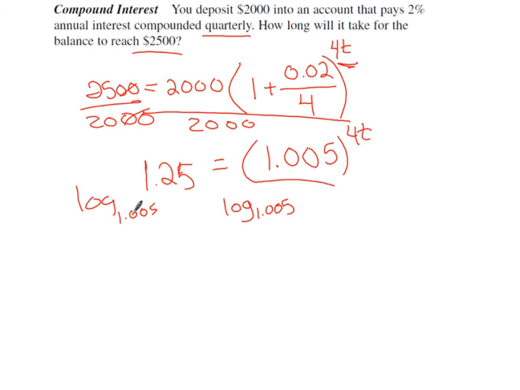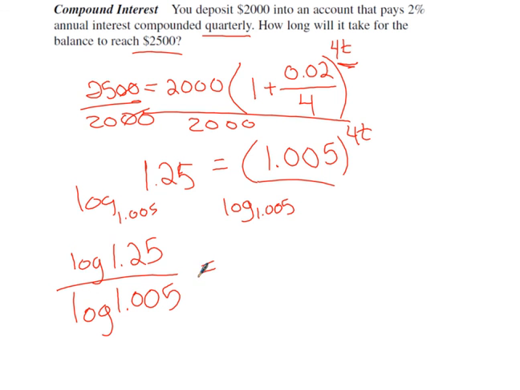Okay. Change the base. We'll make that the common log of the number 1.25 divided by the common log of the base 1.005, which is equal to 4t. So let's go log 1.25 divided by log 1.005.